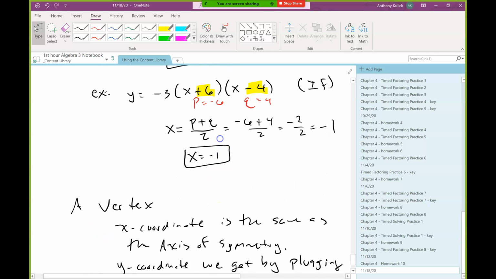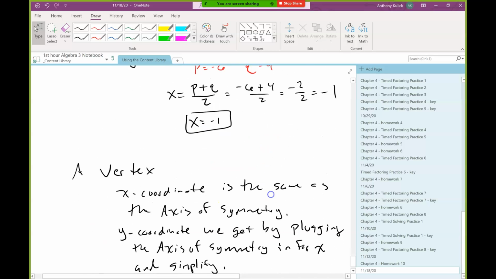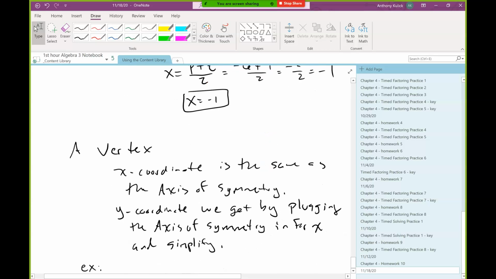So I'm going to actually steal the examples that I did for the axis of symmetry so we don't have to redo finding the axis of symmetry. I'm just going to steal the problem and the result so we can just find the y-coordinate part. Is that okay with everybody? It just means a little bit less writing.